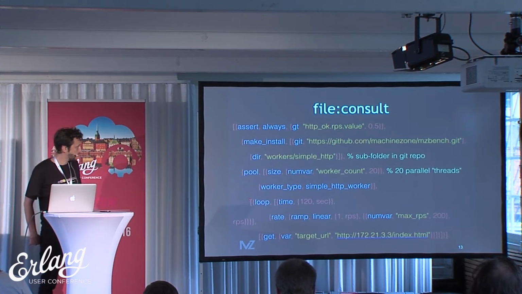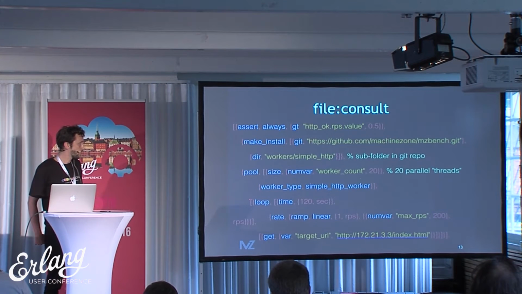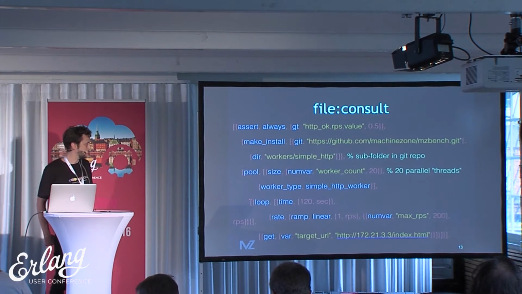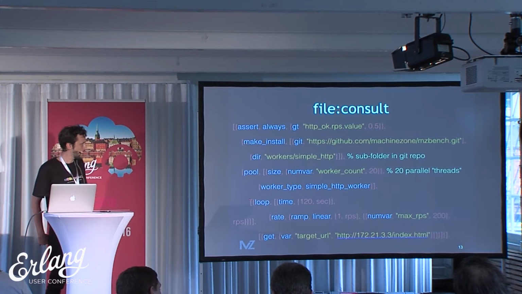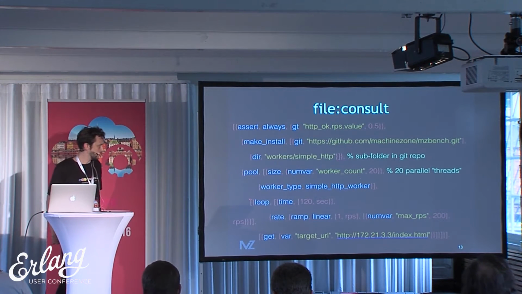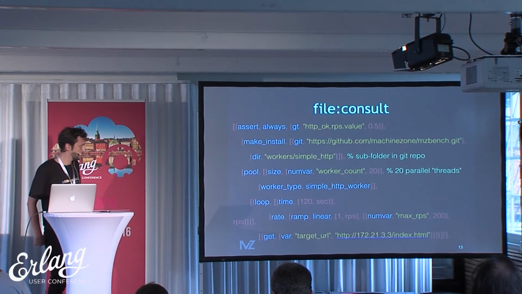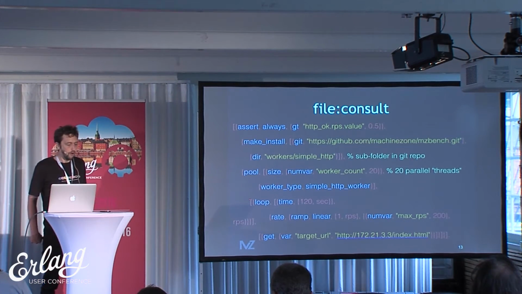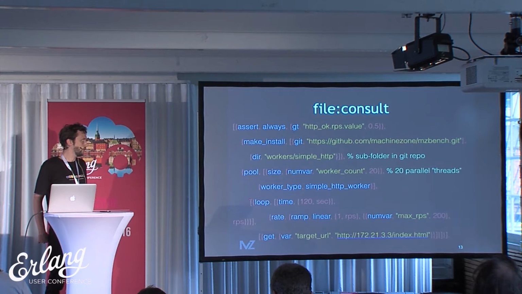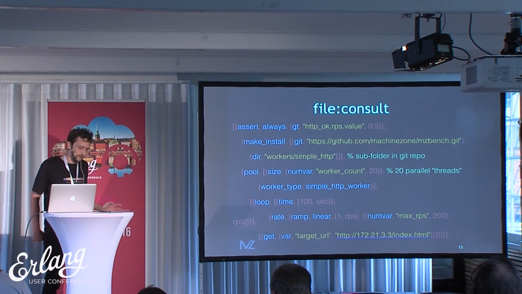Then goes the script, which describes how many workers there should be, then the worker type, and then something like a loop, which lasts for 120 seconds and increases the loop rate linearly from 1 RPS to 200 RPS.